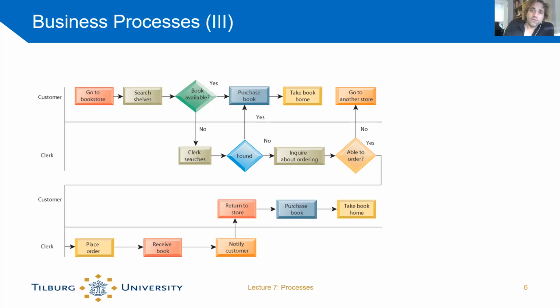Good question, Matthew. What determines how specifically you describe the business processes inside your organization? That is entirely determined by what you want to accomplish. So in a few moments, we're going to talk about business process reengineering. And those are methods of redesigning processes in organizations.